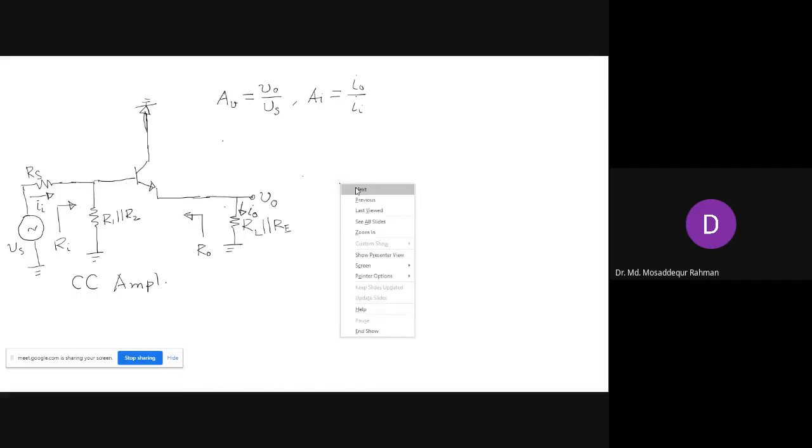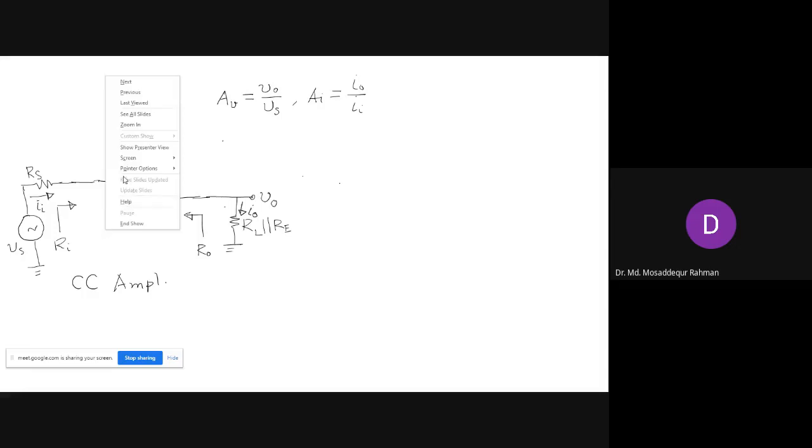And once you do that, we remove this, and so we call it RS prime, VS prime. And this we call the effective load resistance.